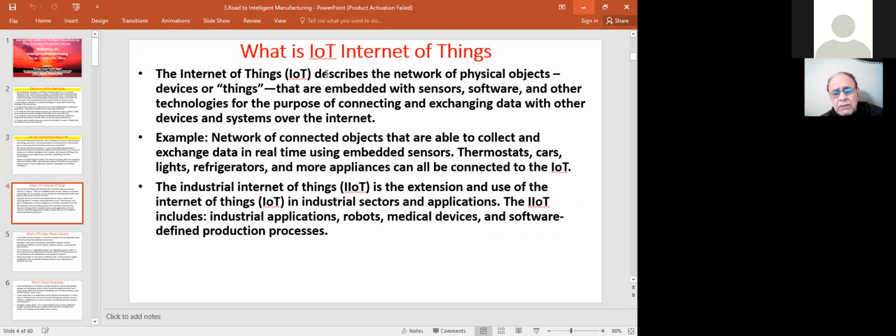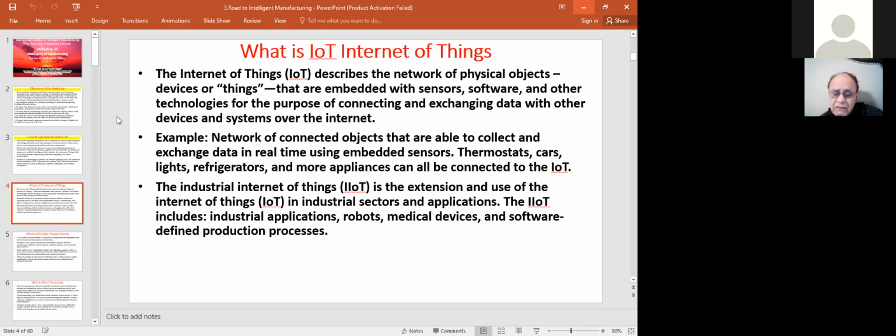So what is really IoT? It is called the Internet of Things. In fact, this is a network of physical objects or devices, like temperature measurement devices, thermostats, or speed measurement devices, any other sensors.